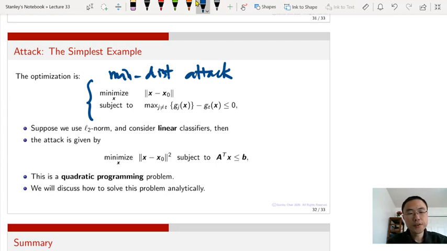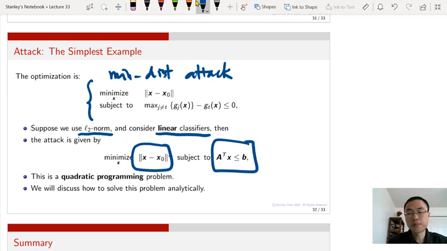If you look at this minimum distance attack, let's assume that we are limiting ourselves to the L2 norm. So the objective function becomes this L2 norm squared. And then you look into a linear classifier, and therefore the constraint becomes linear. Then you have a quadratic programming problem.